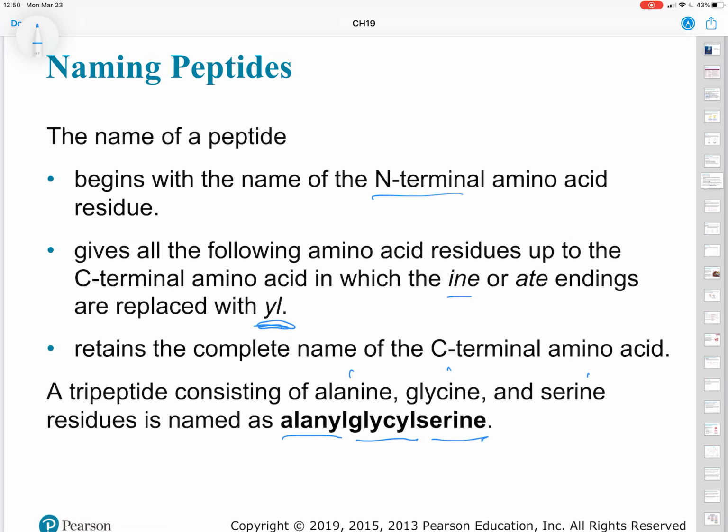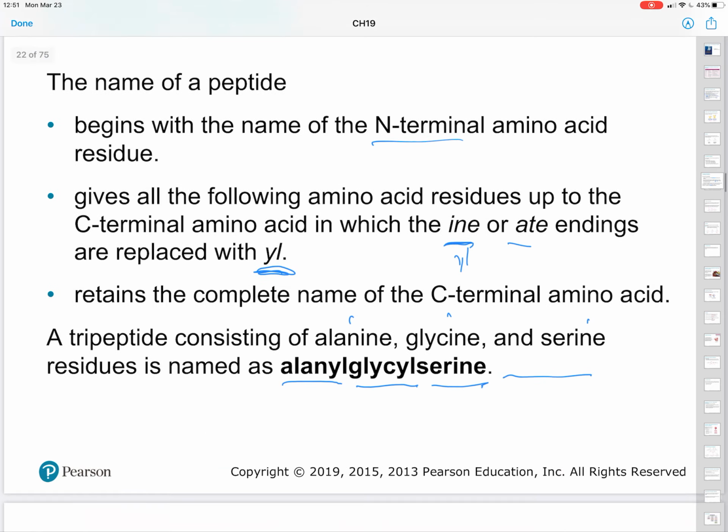So you're just dropping the ine or the ate. Alanine, alanyl. Glycine, glycyl. Serine, seryl, if there was another one here. Phenylalanine, phenylalanyl. Yeah, that's how it goes. Now, most proteins have too many amino acids to name this way, so they just have a common name.